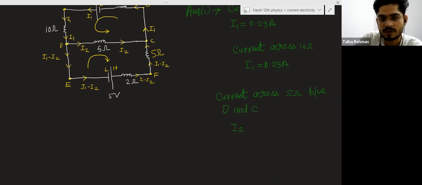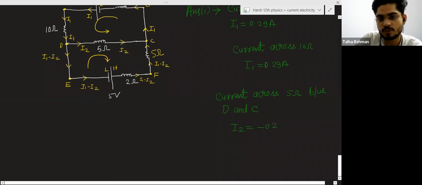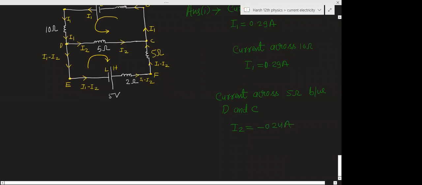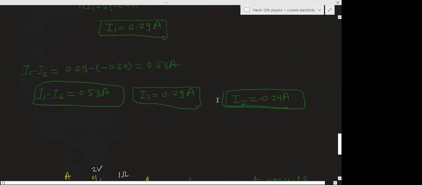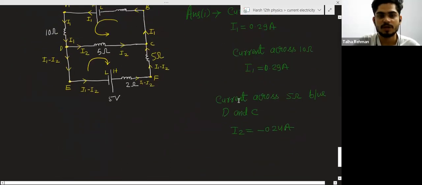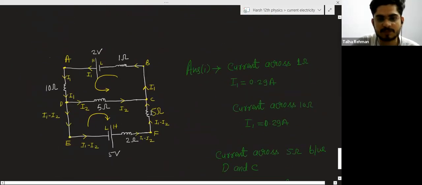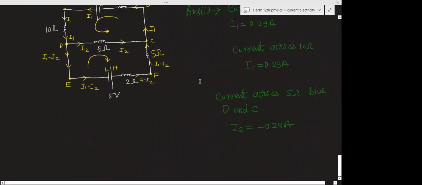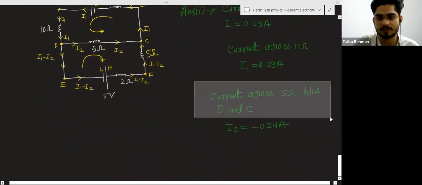I2. I2 is minus 0.24 ampere. Now which one is remaining? This 5 ohm: I1 minus I2.